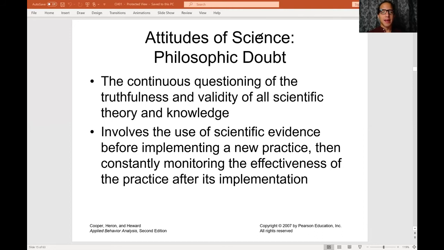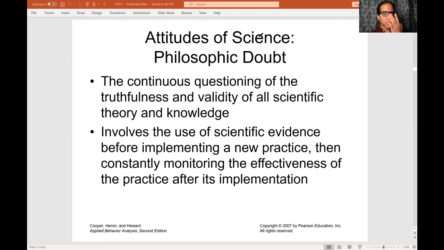It involves the use of scientific evidence before implementing a new practice, then constantly monitoring the effectiveness of the practice after its implementation. So philosophical doubt can also be thought of as a healthy skepticism, right? You are questioning the truthfulness and validity of everything that you do, every scientific theory and knowledge that you're implementing.